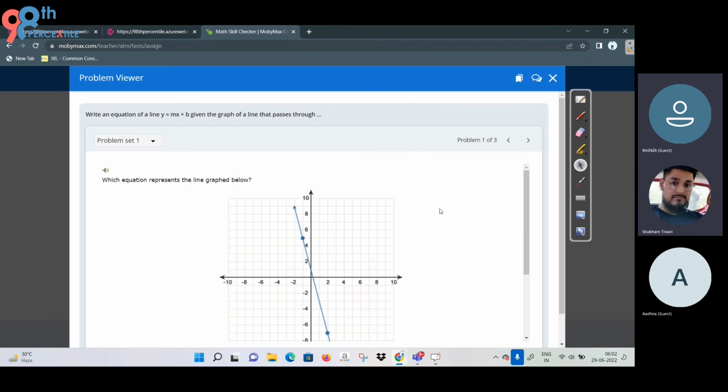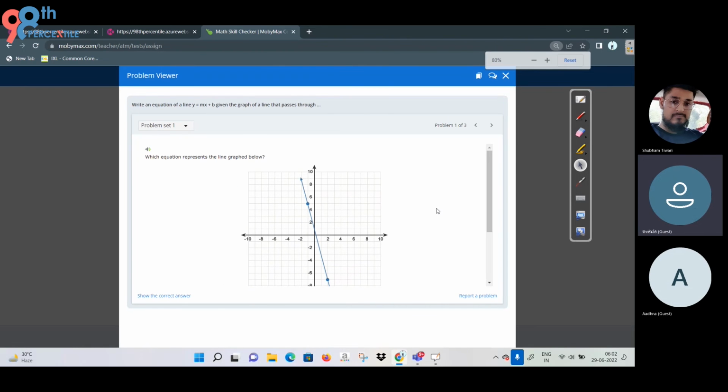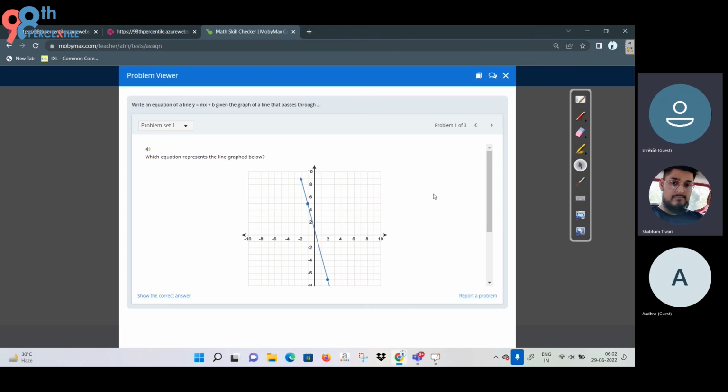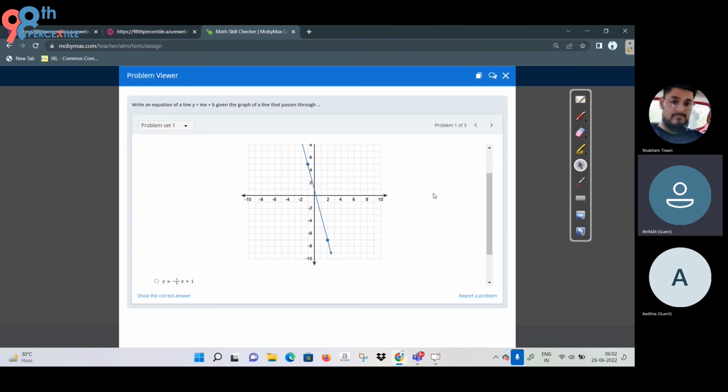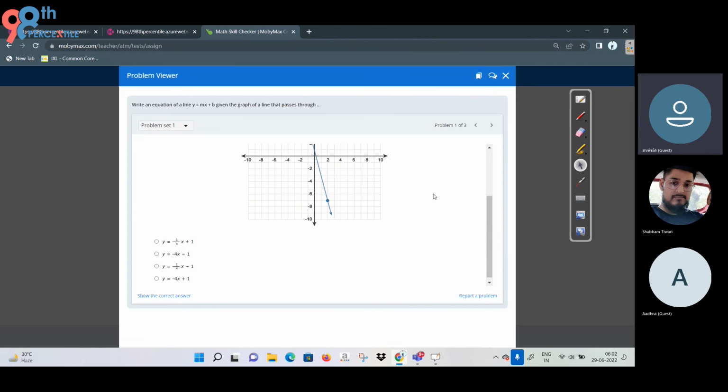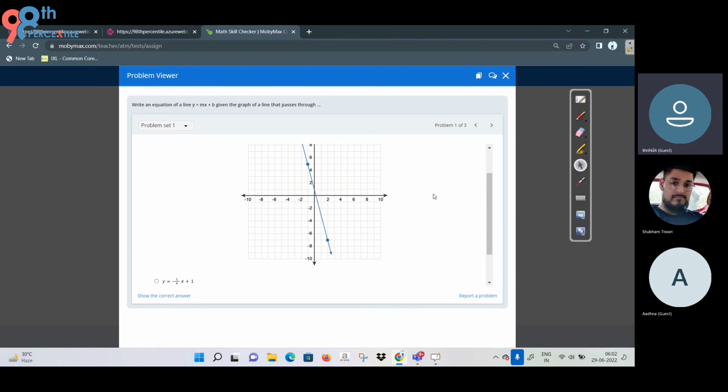This question over here. Which equation represents the line graph below? Can you go down?